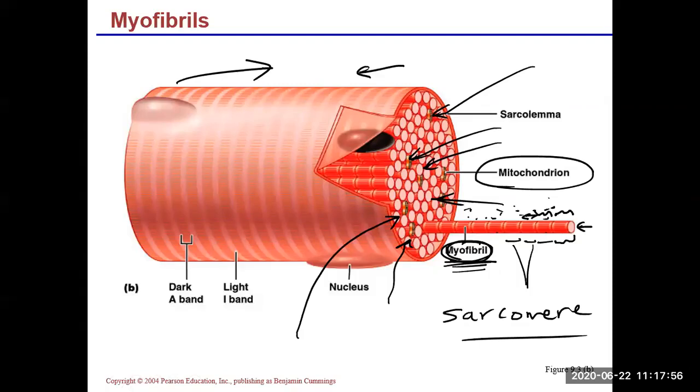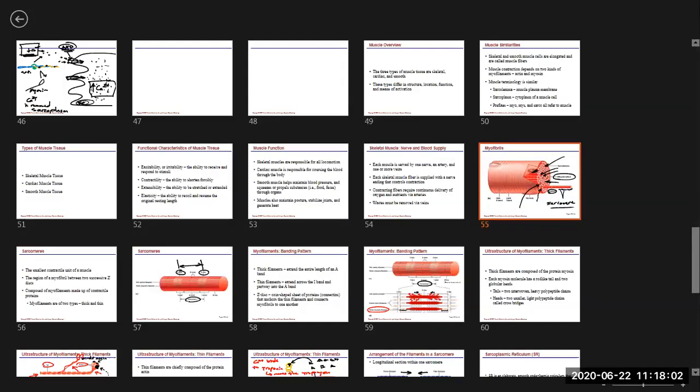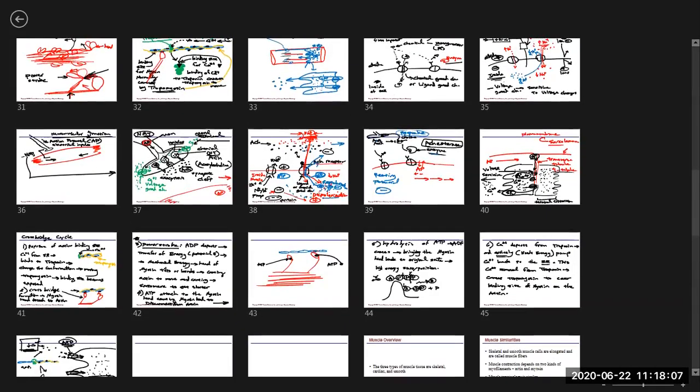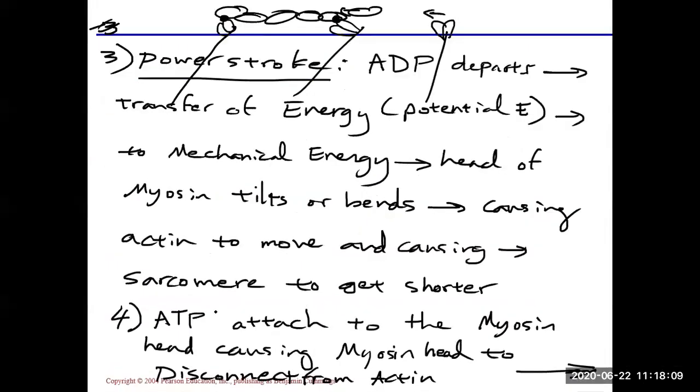And we are going over the steps of the cross-bridge cycle. So we were at the power stroke. Next up, myosin is attached to the actin again. We need to disconnect it. In order for the disconnection to take place, you need energy, ATP, which comes from the mitochondria again.